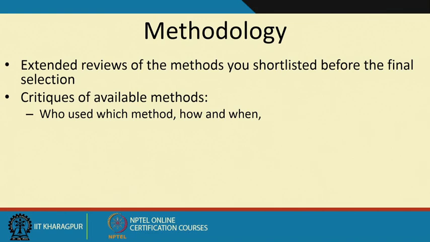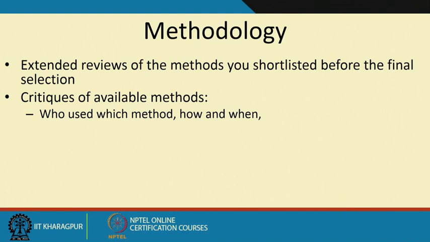available to us. So we find out what in the available method suits our interest, and what in the available method does not suit or does not help us answer the question that we have set out to answer. Okay. So how do we critique them? We try to find out who used the specific method and how and when, under what circumstances.